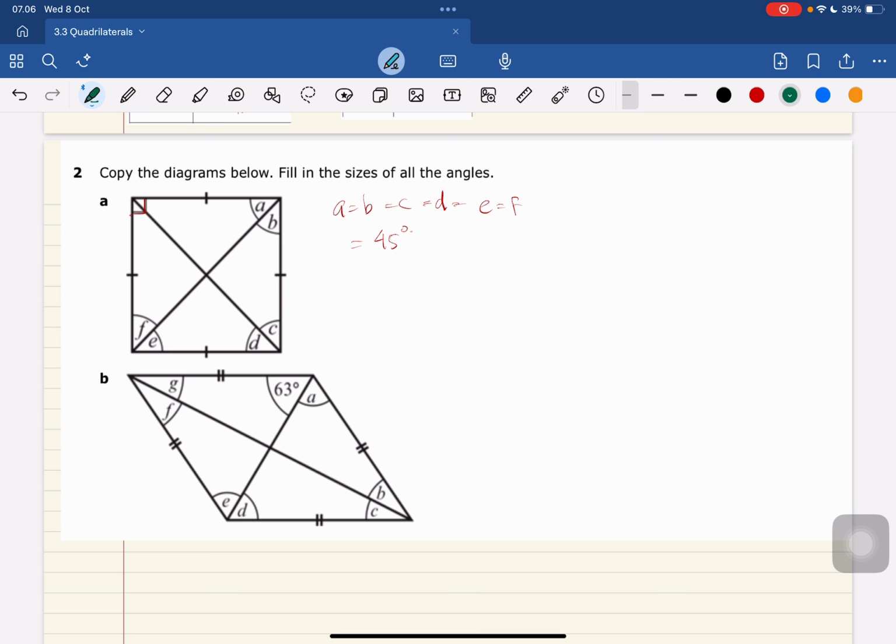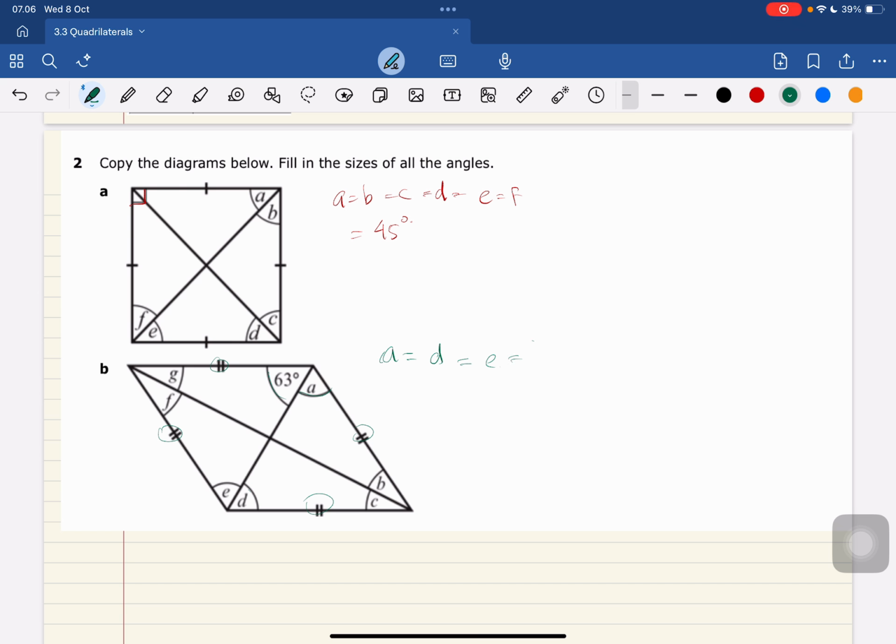Next we got rhombus. This rhombus. Okay, look at it. This A, if you write A equal to D opposite, then equal to E, and these are 63 degrees.